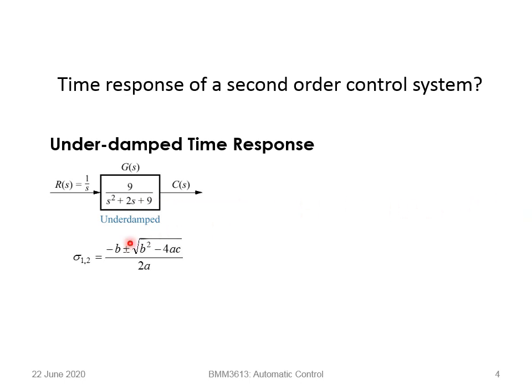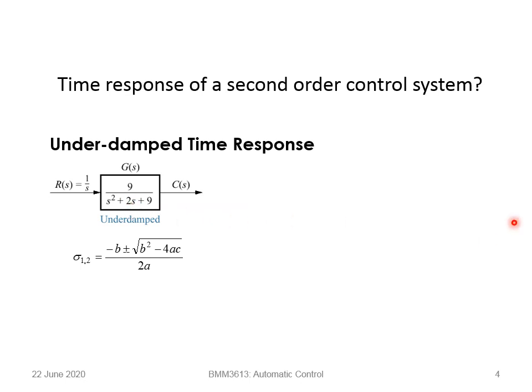Again, we use the same formula to find the position of the poles, meaning we have to find the roots of the polynomial on the denominator. It's still the same formula, but now instead of b being equal to 1, we have a coefficient 2 in front of the second term s. So now our b is 2.